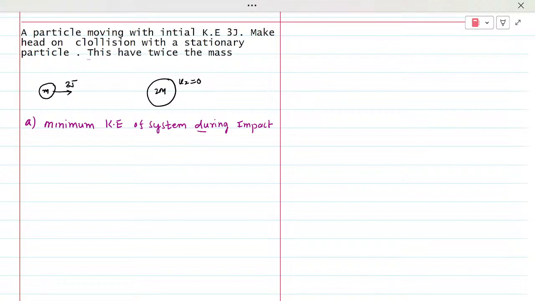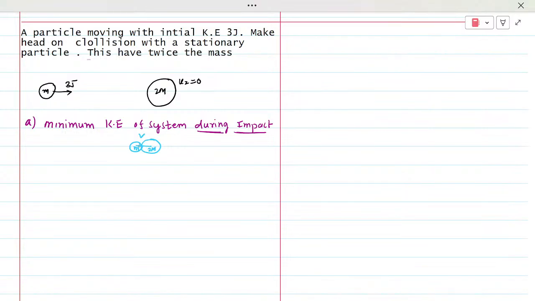During the impact, this clue is given in the question. During the impact, both bodies, particles have the same velocity, sorry, not the same mass. These are 2m and m. Whatever the mass is, the velocity is the same during the impact.